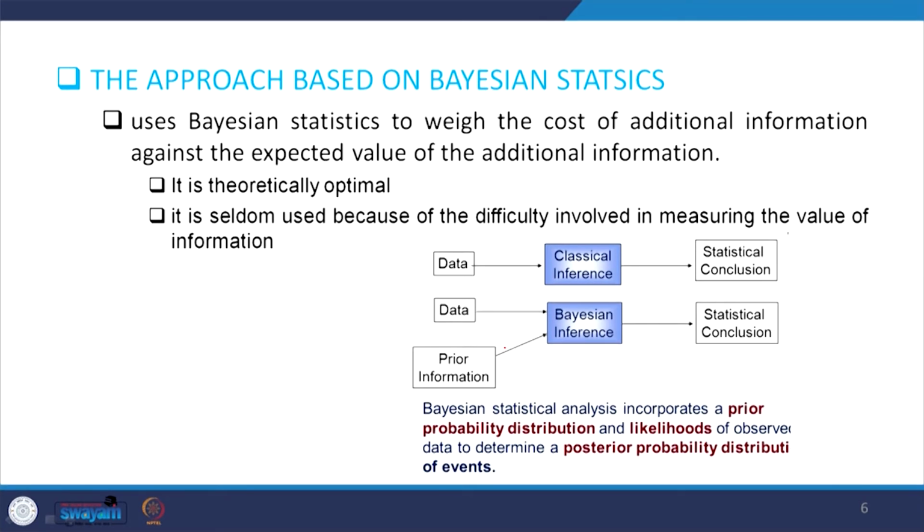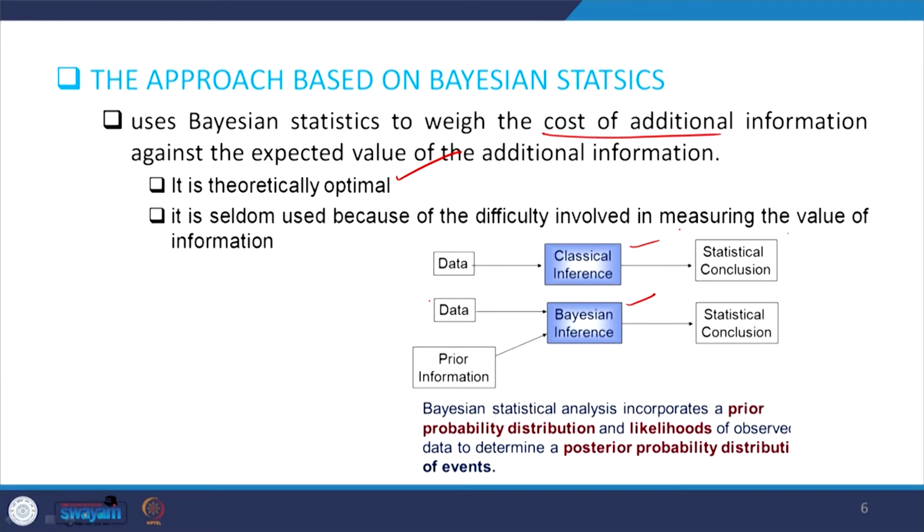additional information. So, as I already mentioned, we do require the cost of additional information, which is very essential, and it is theoretically optimal. That is the first important point. Second, it is seldom used because of the difficulties involved in measuring the value of the information. Now, look at the classical way of inference, and the second one is Bayesian inference.